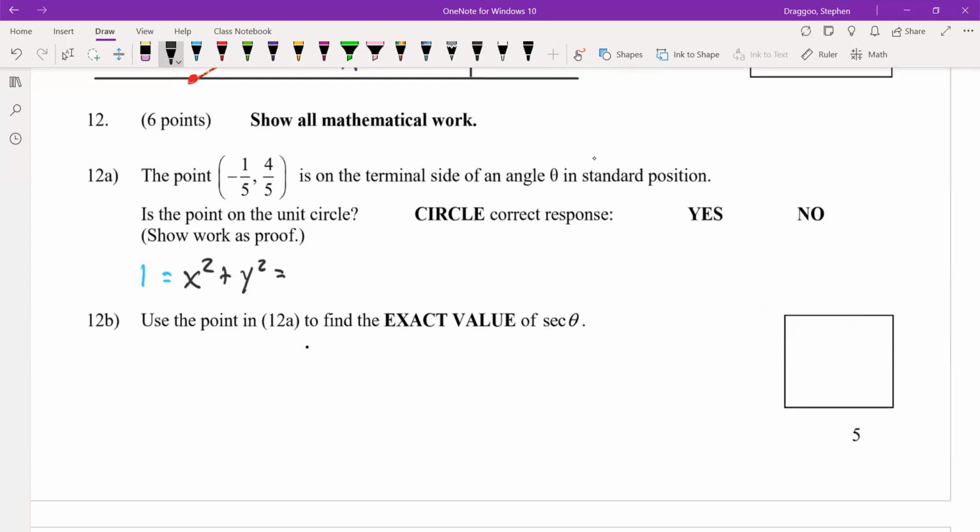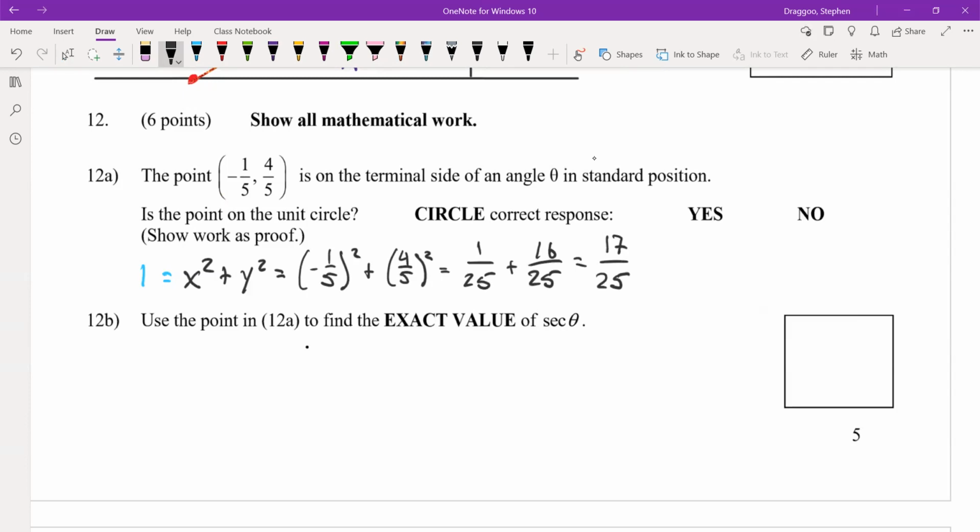So this thing should look like (-1/5) squared plus (4/5) squared, which is 1 over 25 plus 16 over 25, which in turn is 17 over 25.